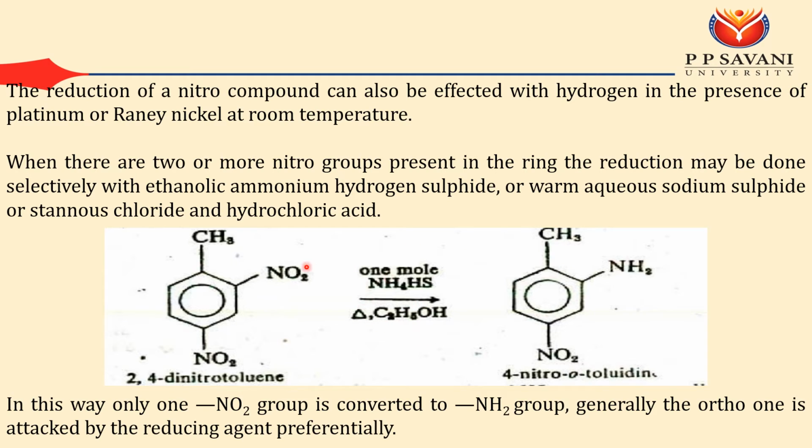Then only one group will be reduced, and mostly that particular group is the ortho one. So you have to remember these things, because generally it will be asked in competitive exams also. That's why here only this one is reduced to NH2.